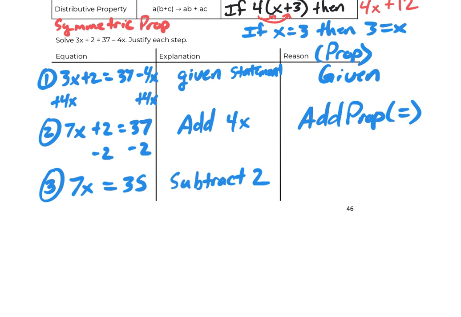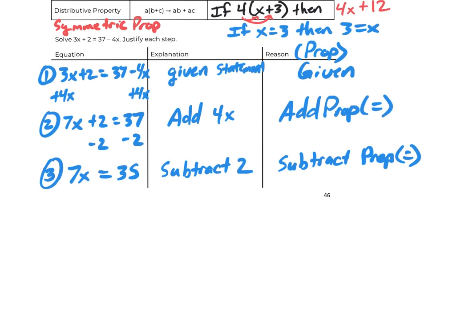And that's what I told you. Eventually, we're going to get rid of this middle column. But for this first couple of times, I think it helps to kind of show you exactly what's going on. And because we subtracted, then this would be the subtraction property. I don't need to put parentheses around that. Subtraction property of equality.